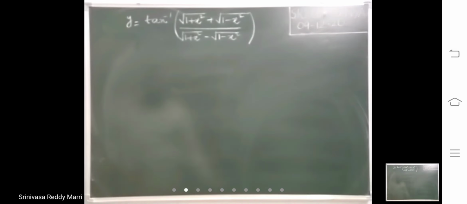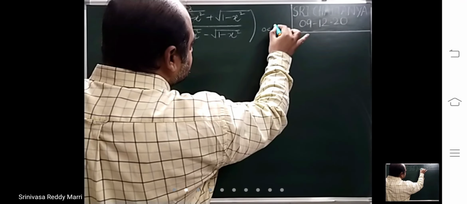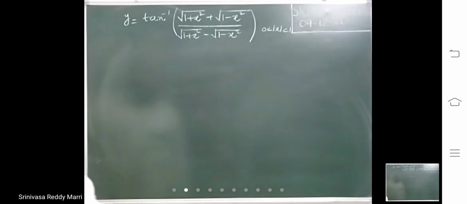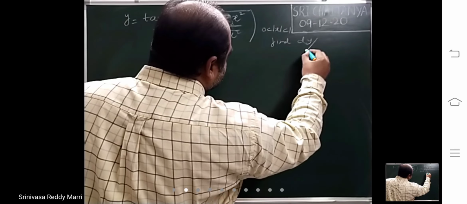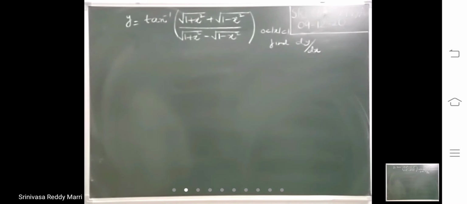Given this, and given 0 less than modulus x less than 1, find dy by dx.